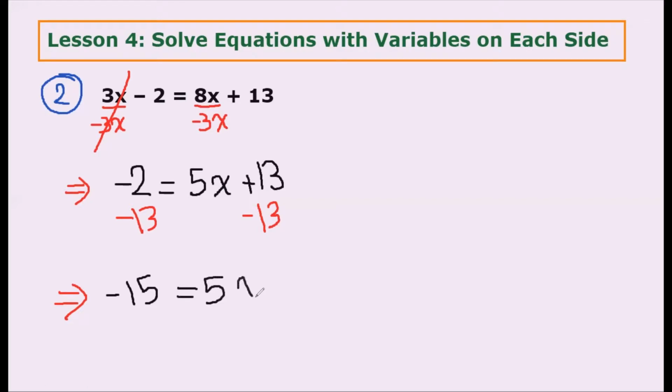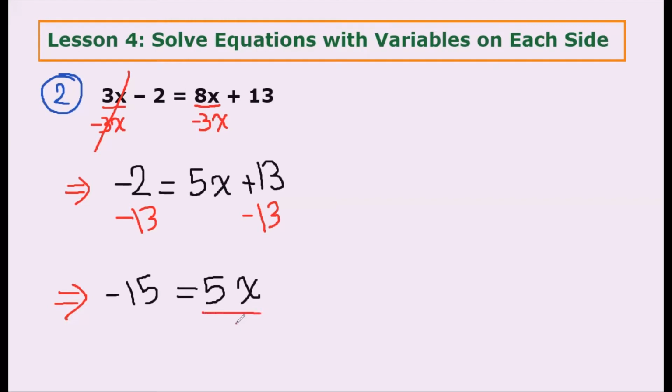How can we solve? Did we solve this equation? Not yet, because x still has a number beside it. This number here. How can we just remove this number or just get rid of that? We look at the mathematical operation between it and the variable. It's a multiplication, so we should divide.